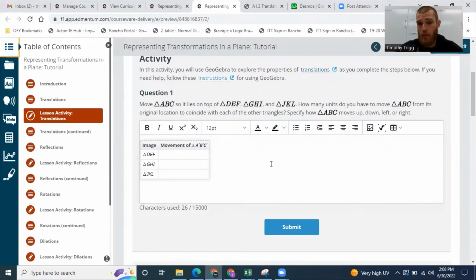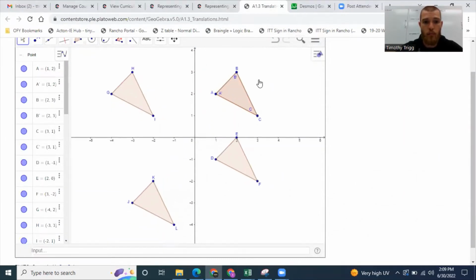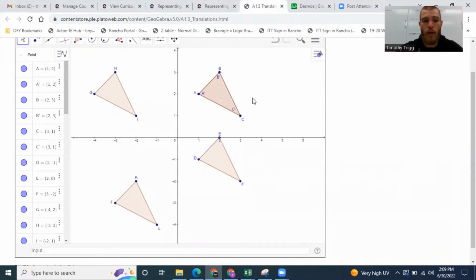Okay, so that was a mouthful, but let's go ahead and look at that GeoGebra and first identify triangle ABC. So triangle ABC is this one here. So this is the one in quadrant 1 right here. We could see A is at point 1, 2, B is at 2, 3, and C is at 3, 1.